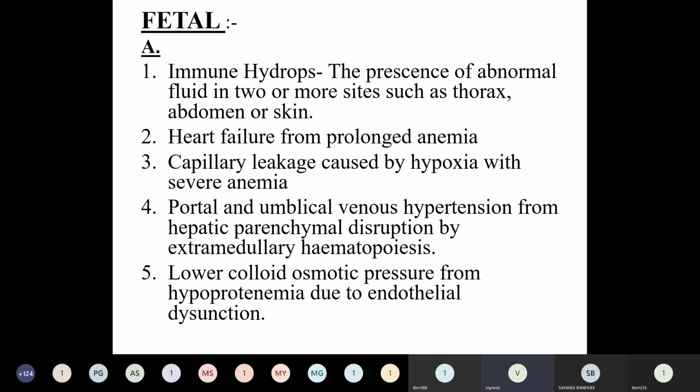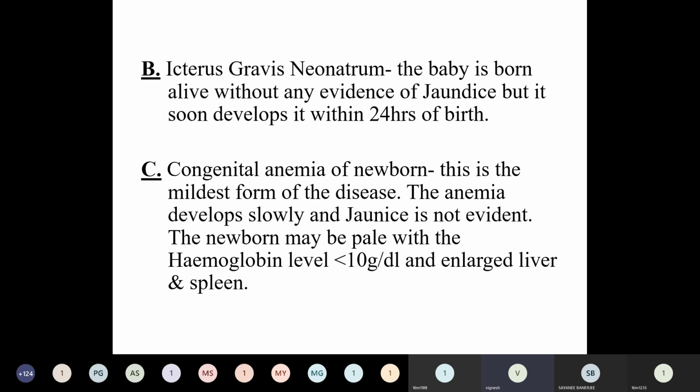Portal and umbilical venous hypertension occurs from hepatic parenchymal disruption by extramedullary hematopoiesis. Lower osmotic pressure also produces hypoproteinemia due to endothelial dysfunction. So these are the various maternal and fetal complications which occur in hemolytic disease.